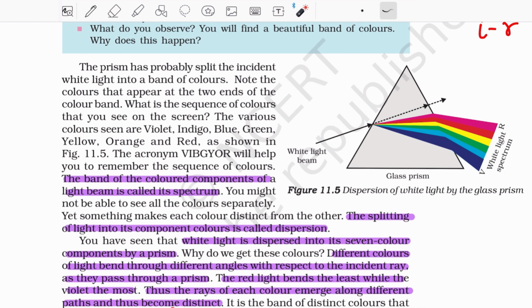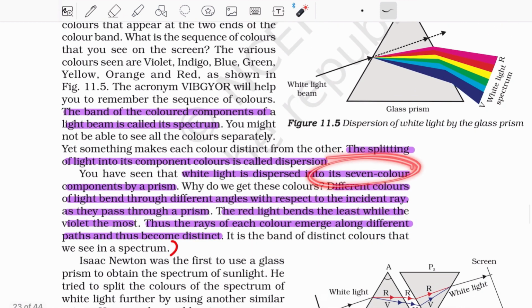What is the sequence? Sequence is always same VIBGYOR, right? The band of colored components of a light beam is called spectrum that we have studied. So the splitting of light into its component colors is called dispersion. White light is dispersed into 7 colors component by the prism.